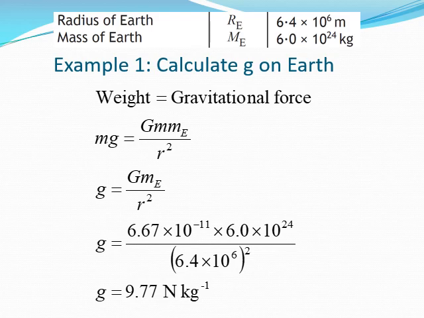We can cancel the mass of the object out of that relationship, and then the acceleration due to gravity is big G times the mass of the Earth divided by the radius of the Earth squared. We end up with a figure of 9.77 newtons per kilogram, which is where our value of 9.8 newtons per kilogram comes from on our data sheet.